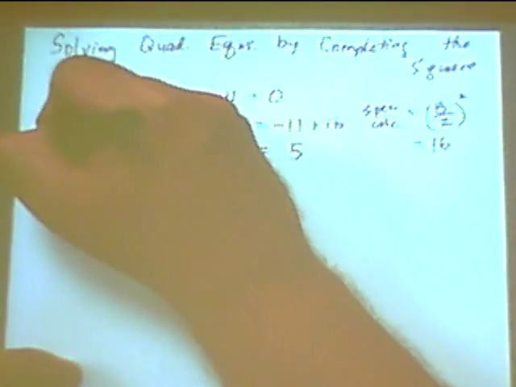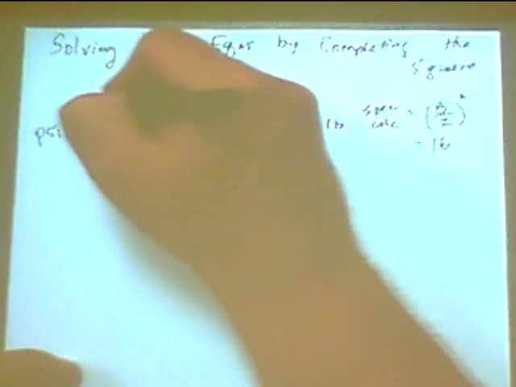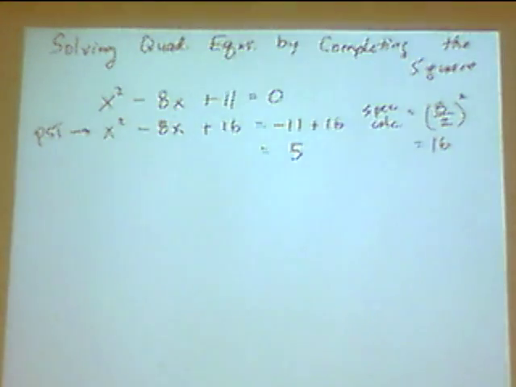A lot of times people label it PST. That special calculation is set up in such a way that when we're done, we have a perfect square trinomial on the left-hand side, which is very easy to factor and has some special factoring.